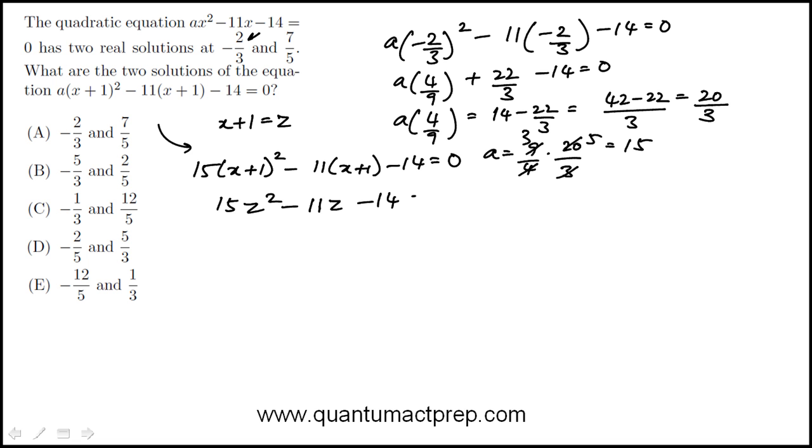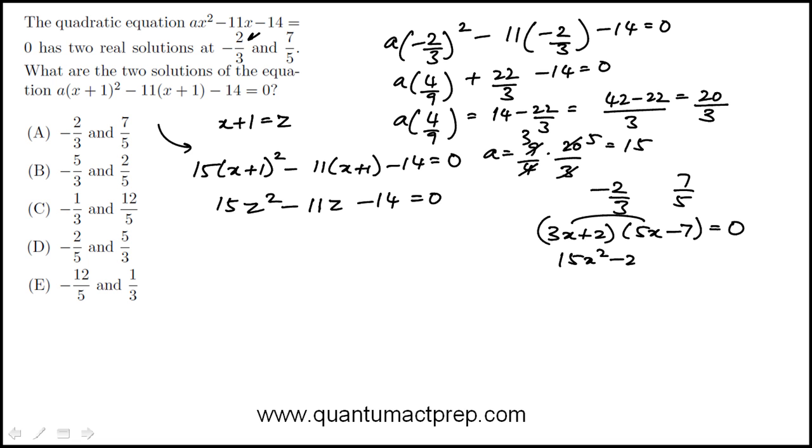And actually we can use our earlier results, because we know that the roots are minus 2/3 and 7/5, which means that the corresponding factors are 3x plus 2 and 5x minus 7. You can expand this. You'll notice that 15x squared plus 10x minus 14 comes back to the same as this original one.